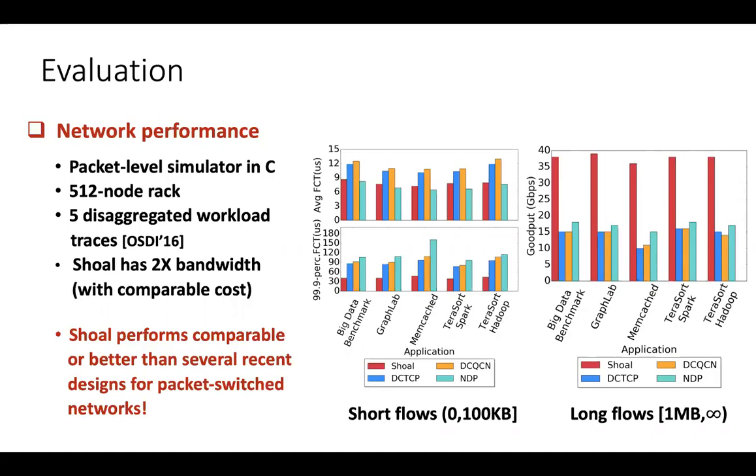If you remember, we equipped Shoal with 2x bandwidth to account for the worst case traffic pattern. But in practice, worst case traffic pattern doesn't always happen. In fact, the traffic pattern keeps changing dynamically. So on average, Shoal ends up getting more throughput. One other way of looking at this result is that if you build a packet switch network and a Shoal network with comparable cost, then you will end up getting more throughput in the Shoal network.